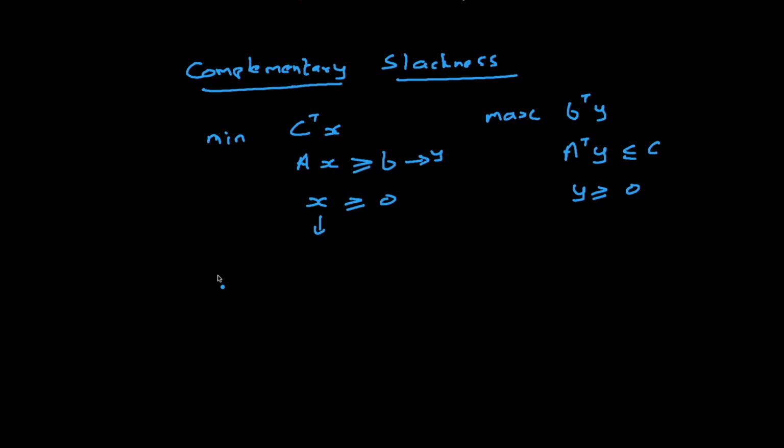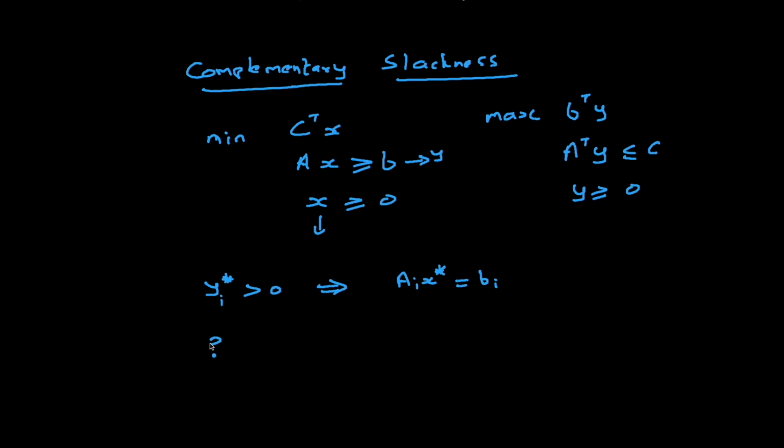So basically what I'm trying to say is that if yi star is greater than 0, then this implies that ai x star, where x star is the optimal solution for the primal, is equal to bi.